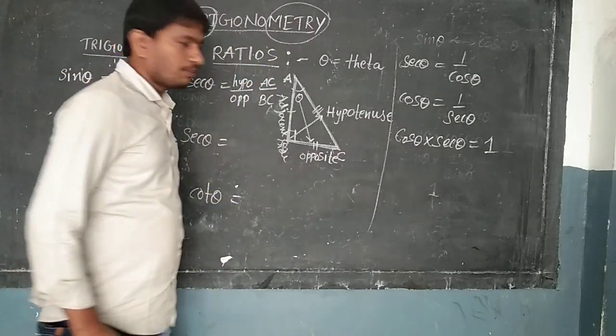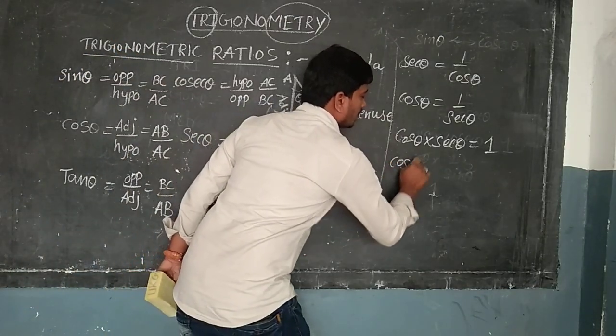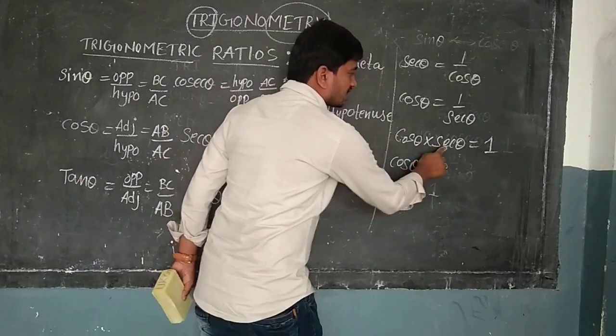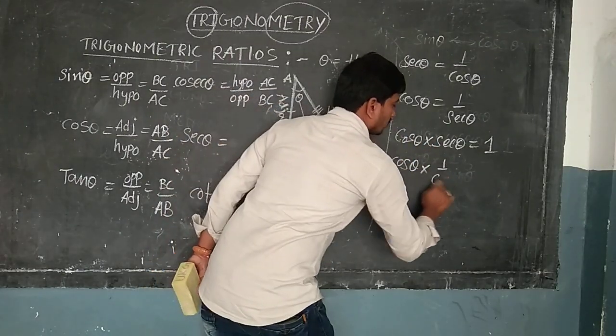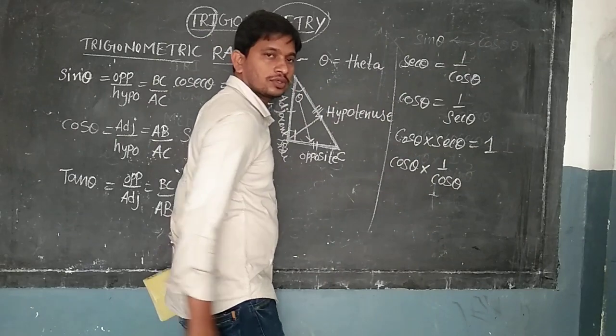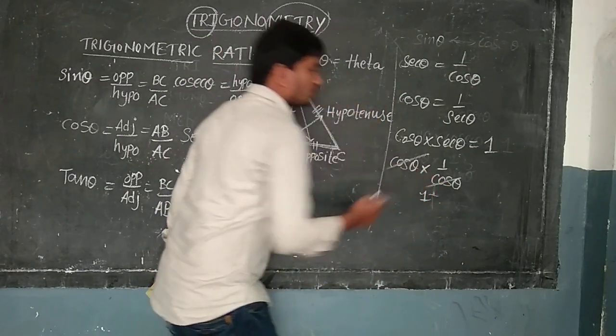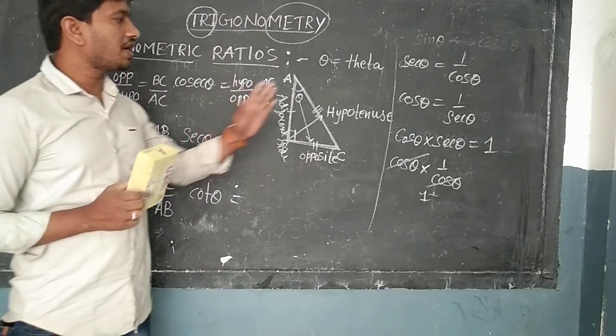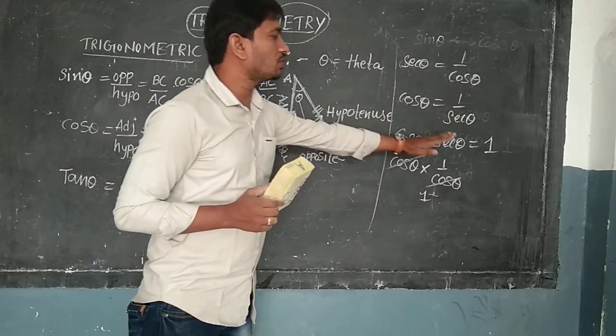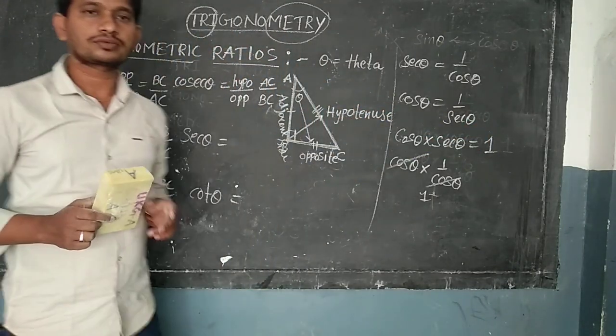Why, students? Because in place of sec theta I can write 1 by cos theta. So cos theta gets cancelled, which is equal to 1.